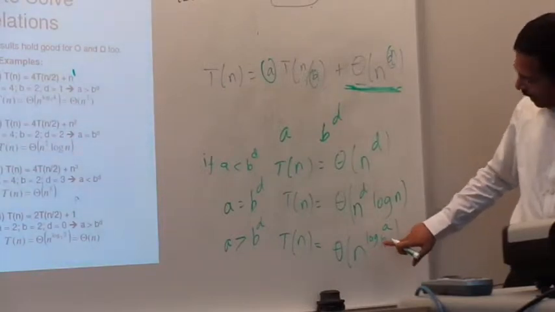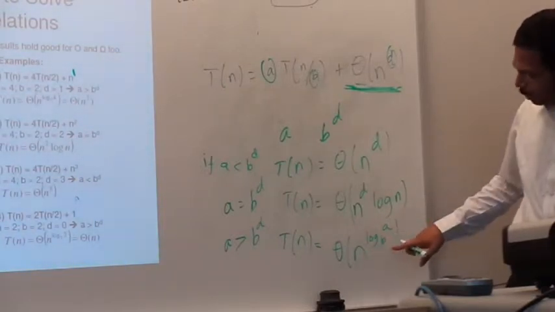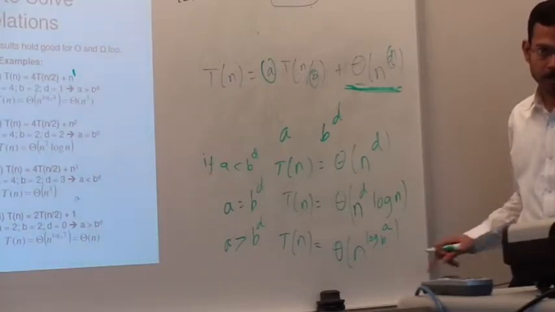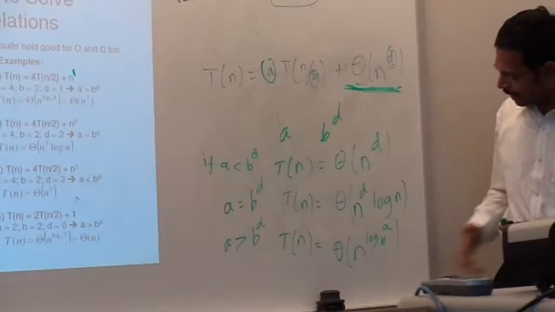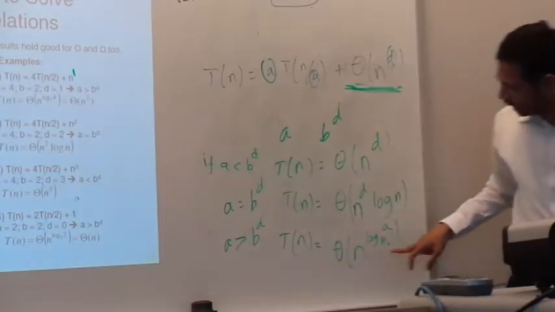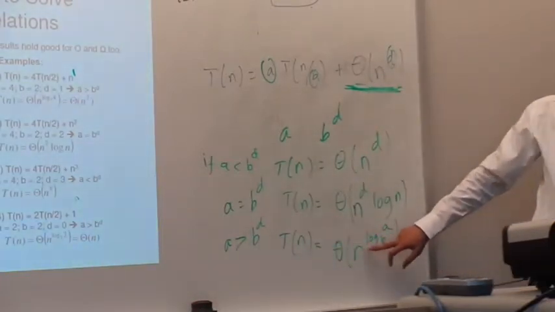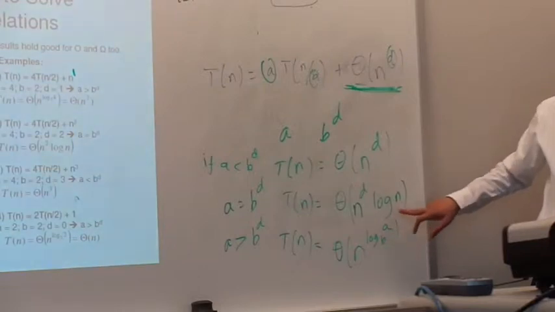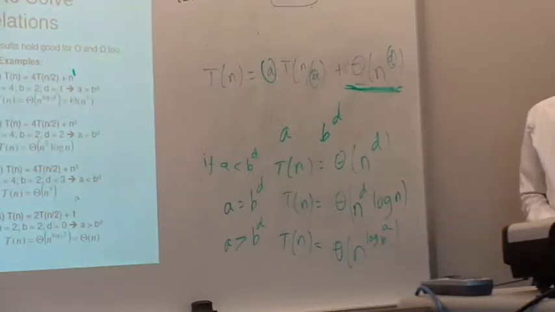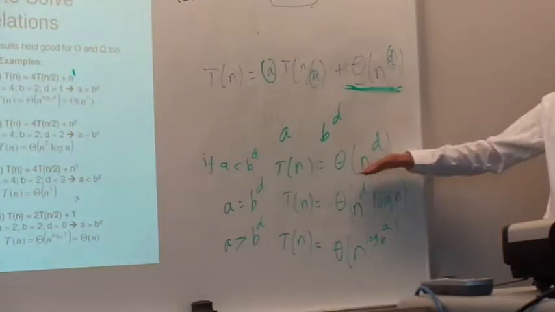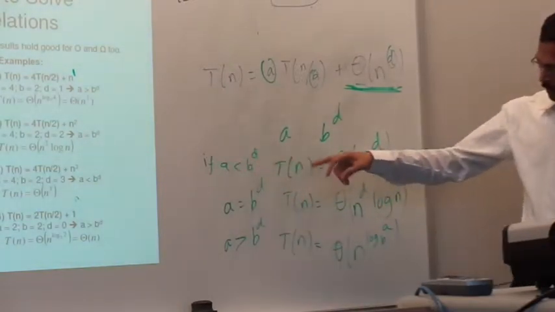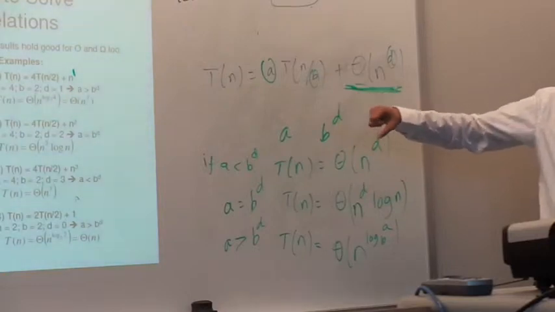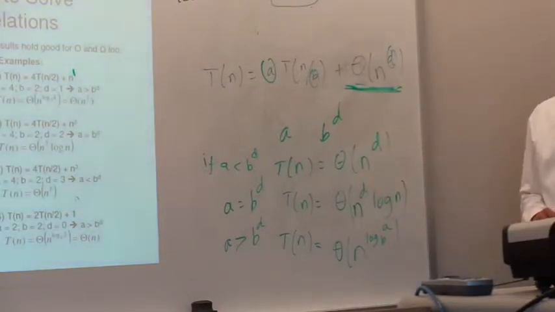It is simply n raised to log a to the base b. So we have to remember these three as formulas, and depending on the appropriate case of a and b raised to d, you have to use the appropriate formula.